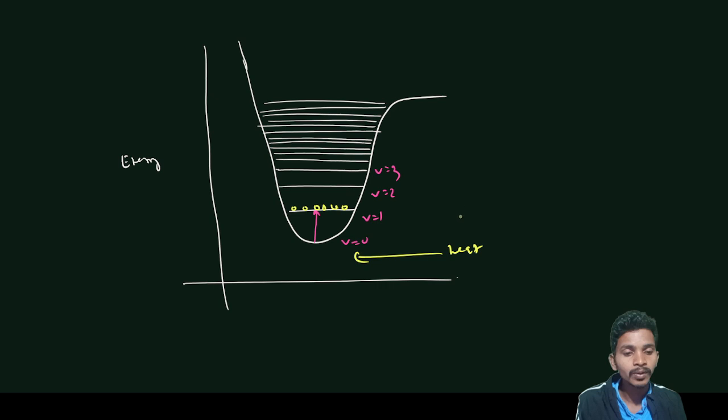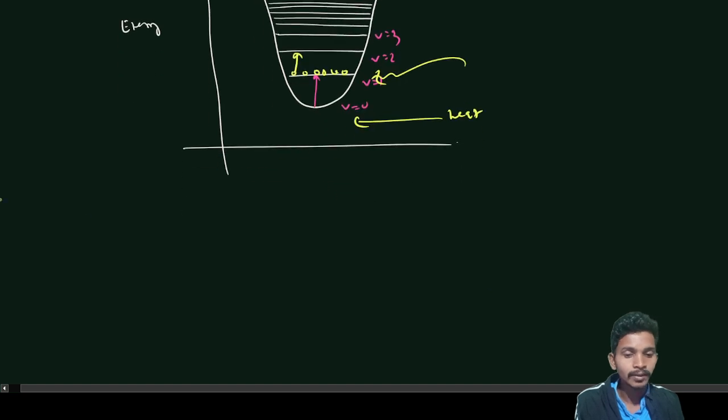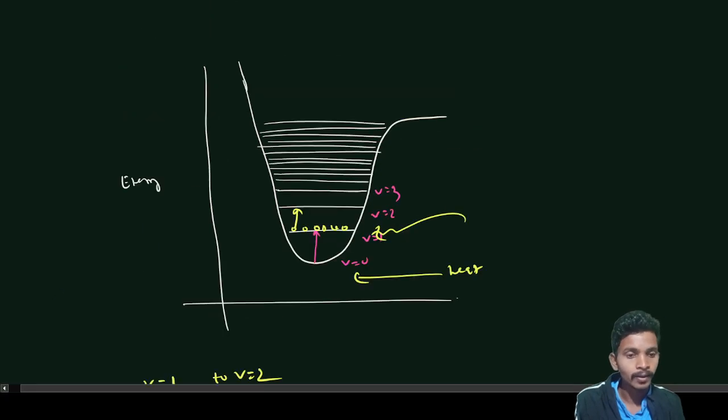So now if you give this radiation, then the transitions here will also give good intensity. It means that for the v equal to 1 to v equal to 2 transitions, whenever you give no heat, you get very little intensity.